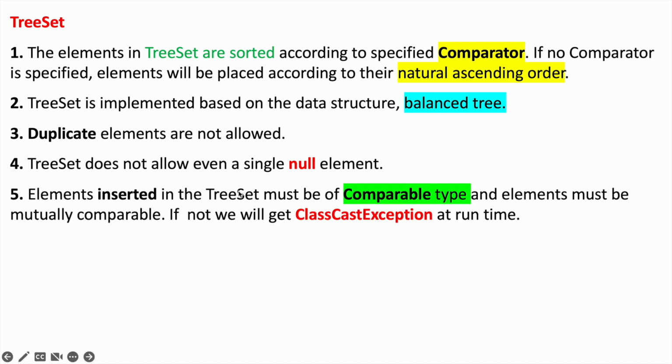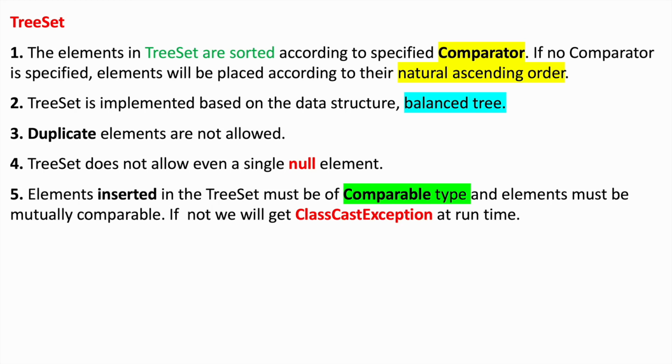Elements inside the TreeSet must be of comparable type and the elements must be mutually comparable. If not, we will get a ClassCastException at runtime. If you are inserting any element into the TreeSet, then that object must implement the Comparable interface and the elements should be homogeneous.